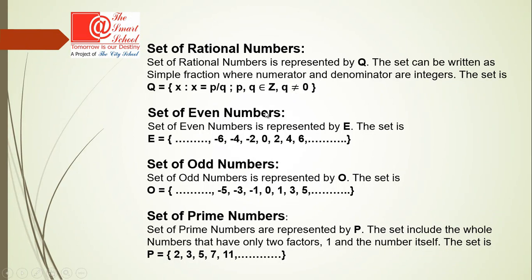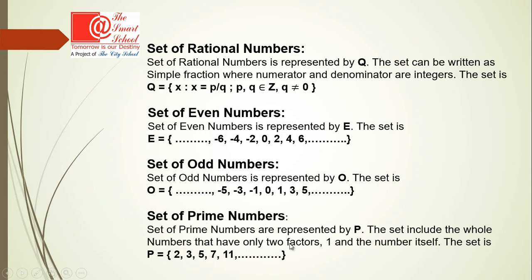Now, set of even numbers, set of odd numbers, these are very simple. Yes, exactly. All those numbers which are divisible by 2 are called even numbers, and which are not divisible by 2 are called odd numbers. Yes, exactly correct. And even numbers we represent by E, and odd numbers we represent by O. Now, set of prime numbers.